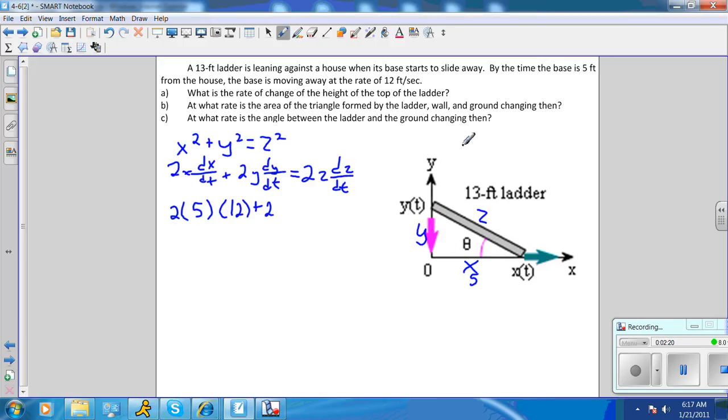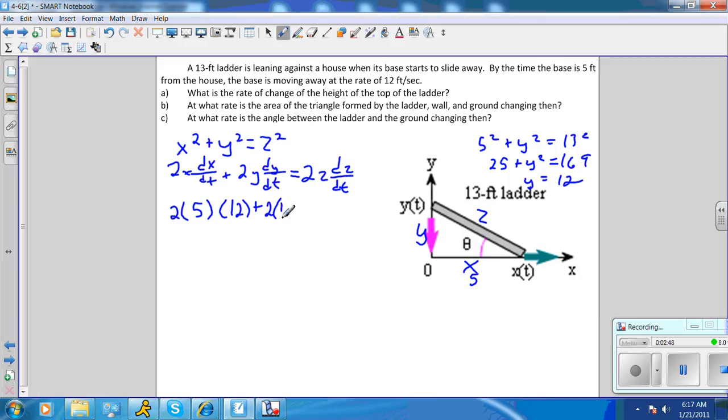So 5 squared plus y squared equals z squared, or 13 squared in our case. So 169 equals 25 plus y squared. If I subtract 25, I get 144. So the distance there is a nice even number, 12, at that specific time.